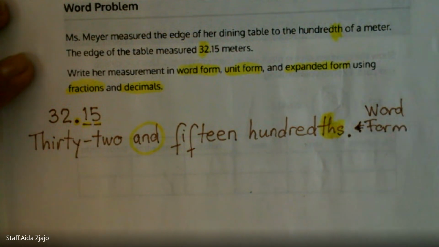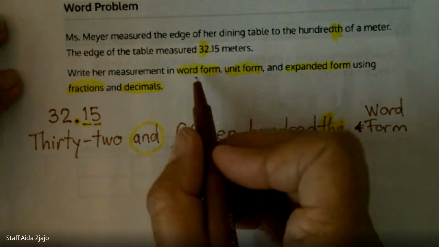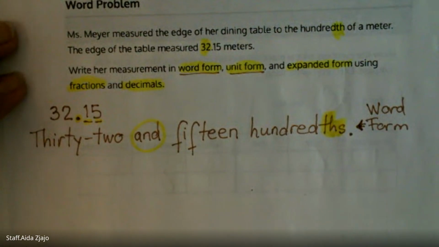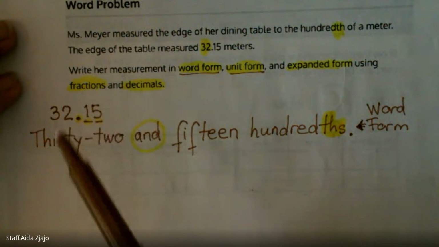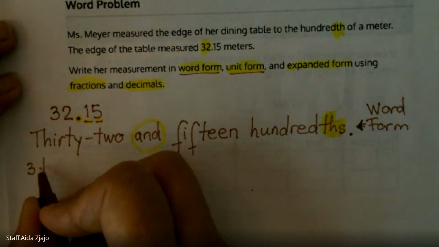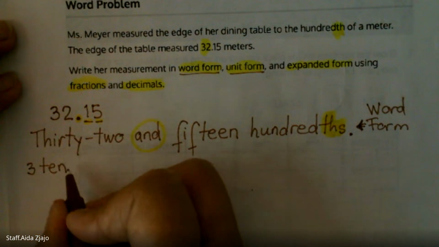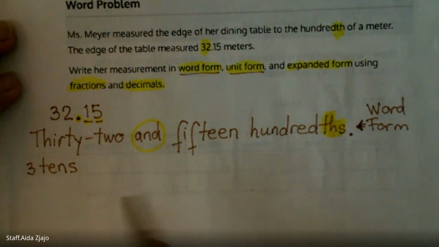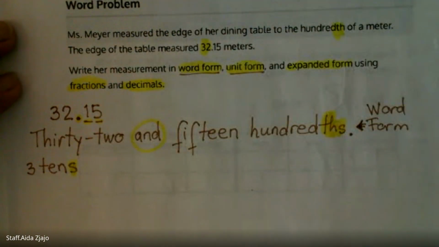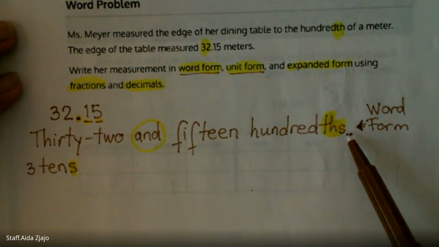Next, we need to do unit form. Unit form is using language, so I have 3 tens, with an S, because ten is a whole number, so it's only S, not THS.